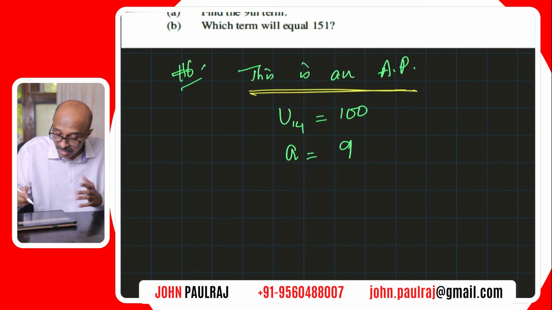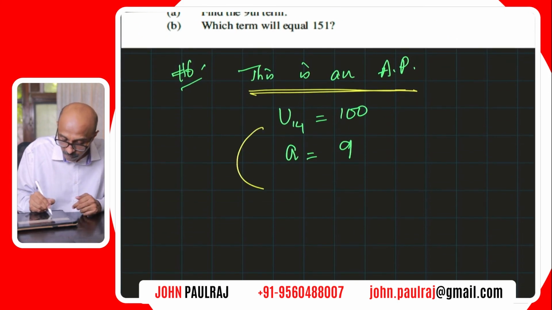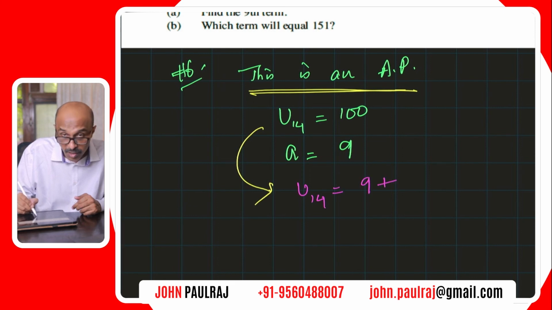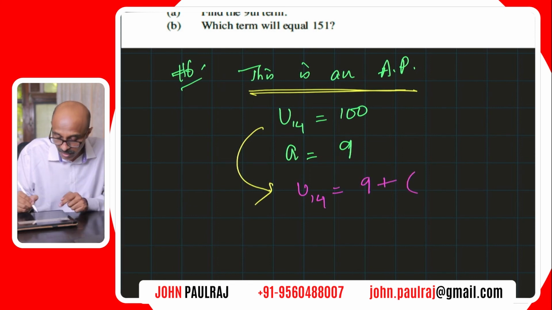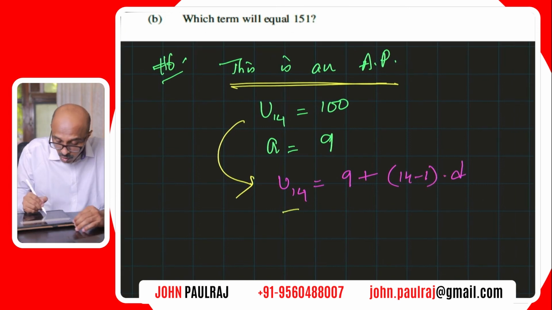So using this idea, let's do it. What we have is the 14th term. In terms of A, U14 must be equal to A, which is 9, plus n minus 1, that was the formula, that's 14 minus 1 times the D, which is the unknown. We make use of the fact that they've given us the 14th term as 100.